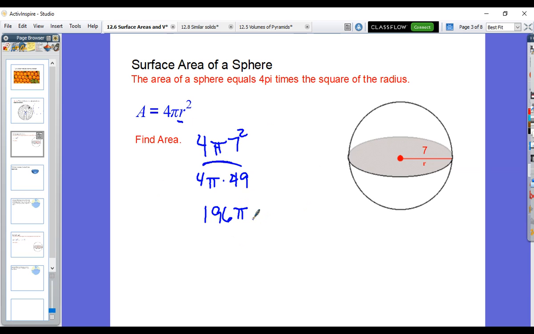This is exact form, so the units are squared. Let's round this to 1 decimal. 196 times pi gives 615.75, or 615.8 units squared.